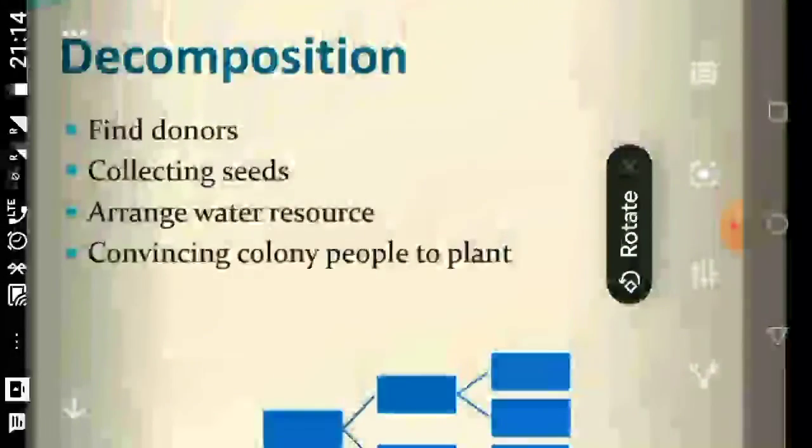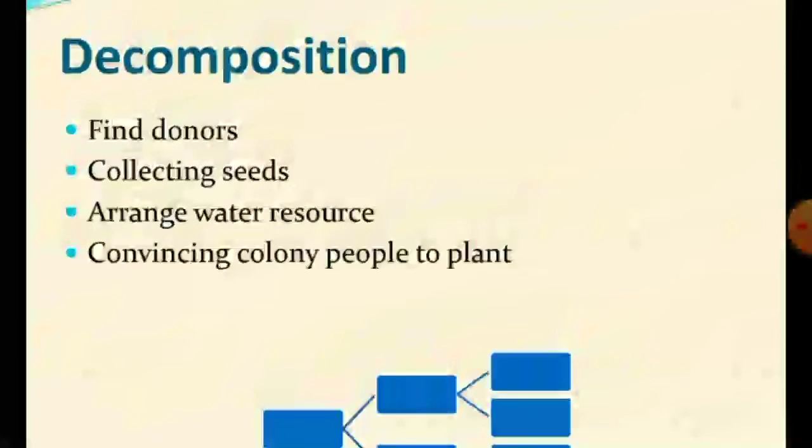Then the next is decomposition. It's not an easy task to plant 2000 trees. So after the analysis, in the decomposition, first we will find donors to contribute to the expenses.